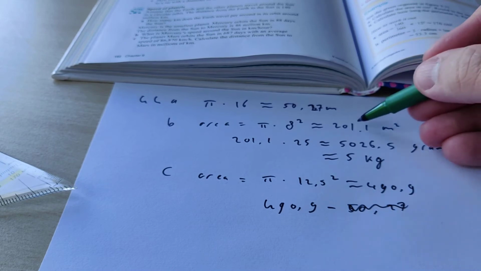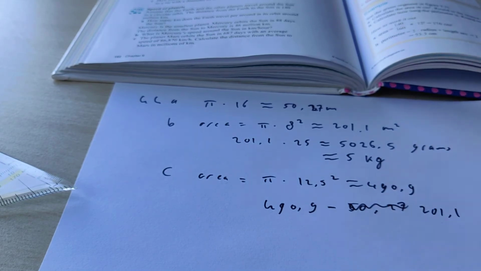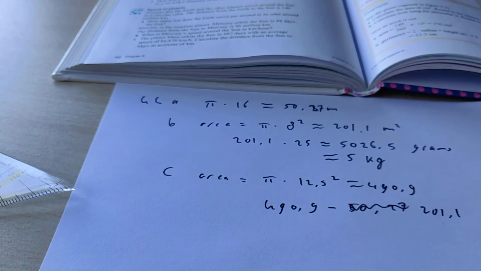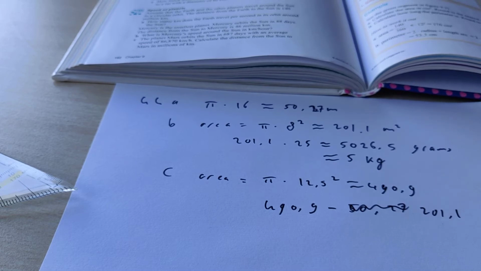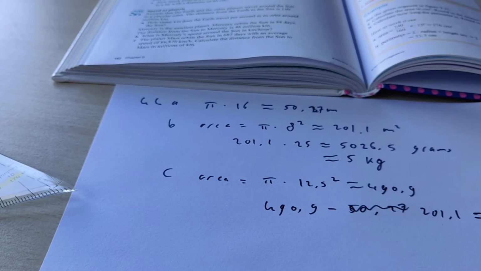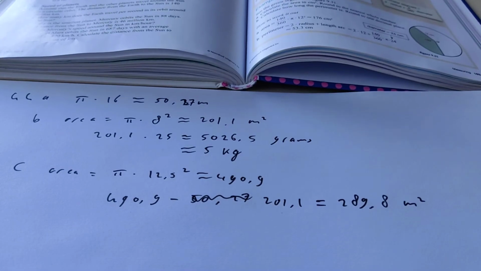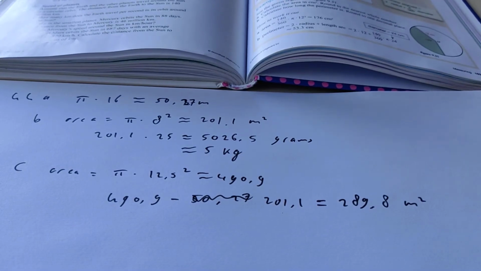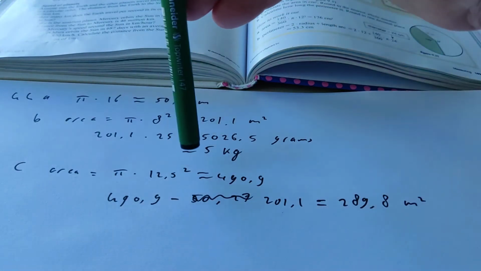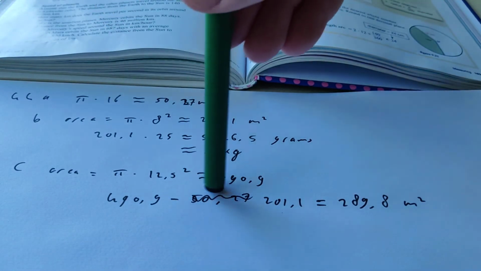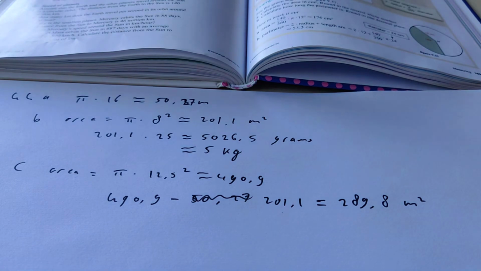The area of the island is 201.1. If you subtract that, we get 289.8 squared meters. Alright, so this is the answer for exercise C. To repeat, first you calculate the area of everything, and then you remove the island, and then you have the answer.